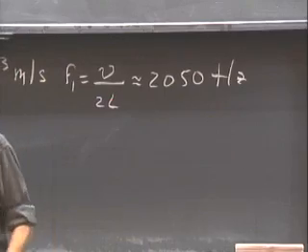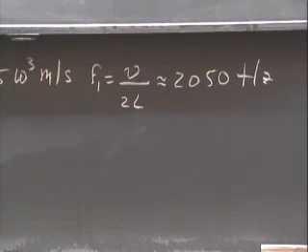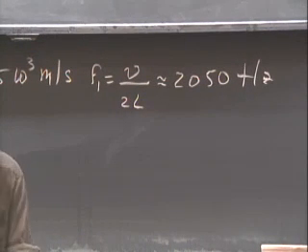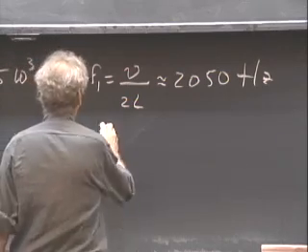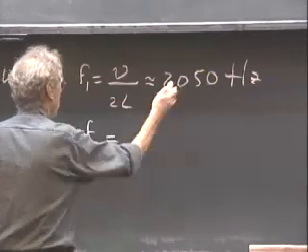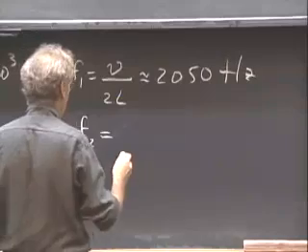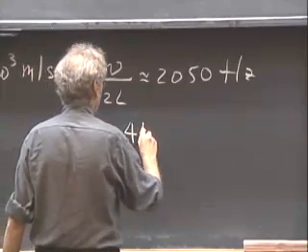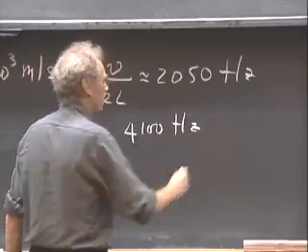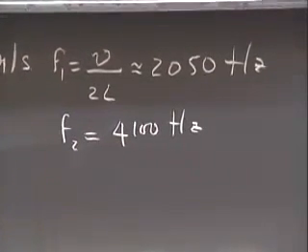And the actual value we measured is about 2044. And when I hit it with a hammer, there may also be some that is twice as high, so that may be 4100 Hertz. That would be double the frequency. That would be the second mode.